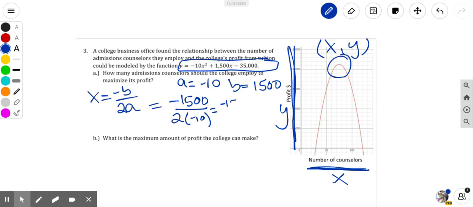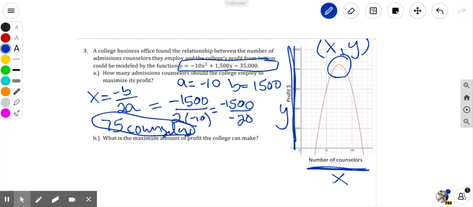So this is negative 1500 over negative 20. And if you divide that, you end up getting 75 counselors. So that's how many counselors they would employ to reach a maximum profit.